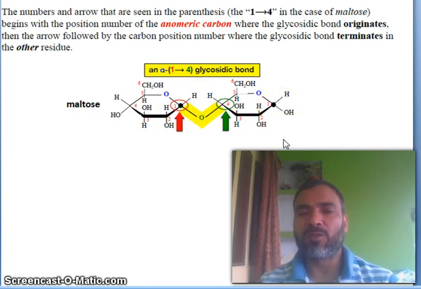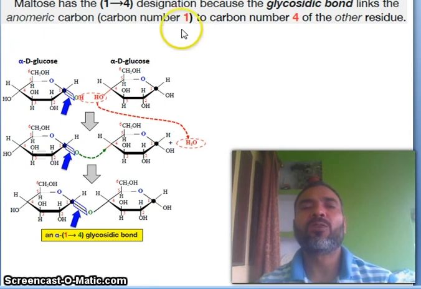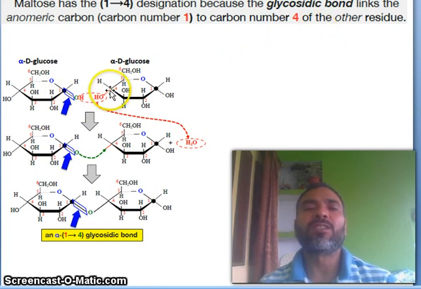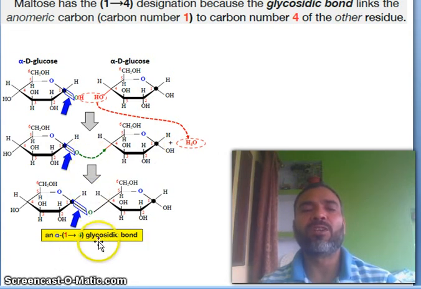So maltose has 1,4 designation because the glycosidic bond links the anomeric carbon, carbon number 1, and number 4 of the other residue. Now you see the removal of water and forming this, and then alpha 1,4 glycosidic bond. So just remember this word.